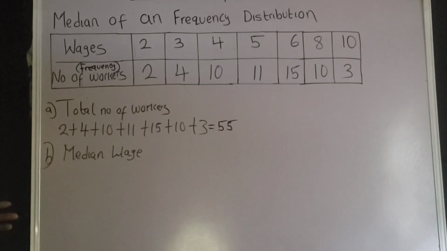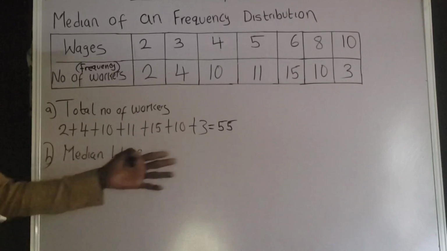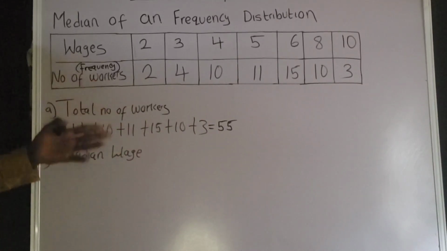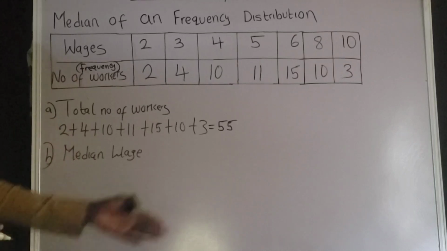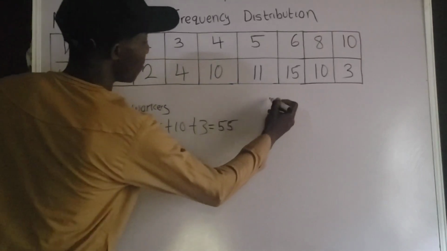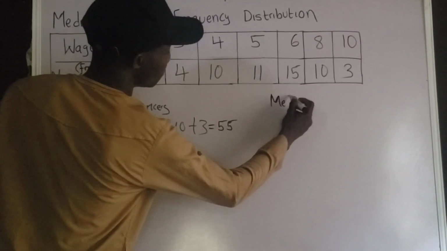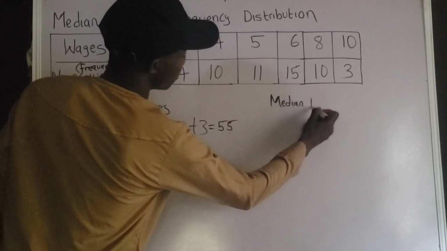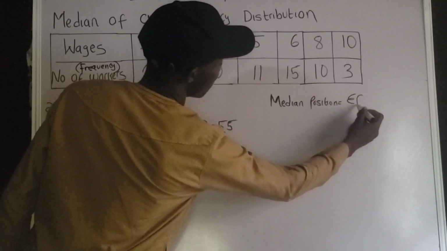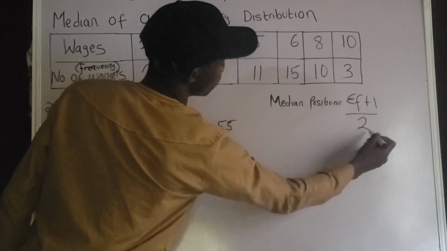And in order to get the position of the median class, we have to use a formula. And to know the formula that we are going to use, we have to know whether the total frequency, which is the number of workers, is even or odd. Now, I want to ask you, is 55 odd or even? Yeah, 55 is an odd number. So, in order to get the median position, we have to make use of summation f plus 1 over 2.